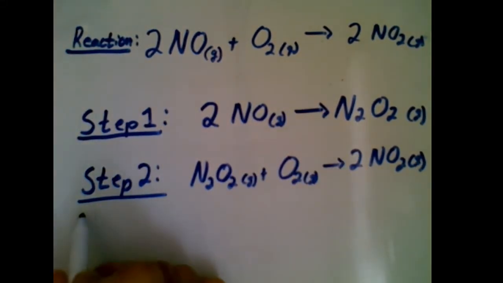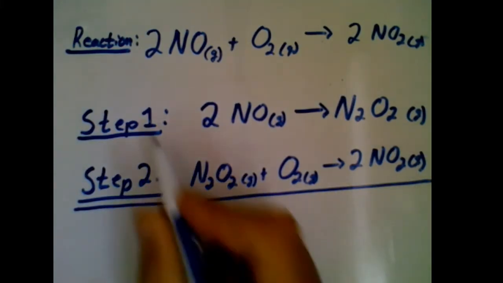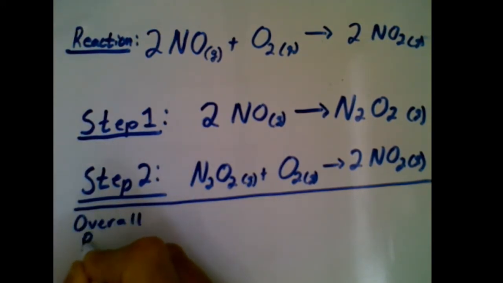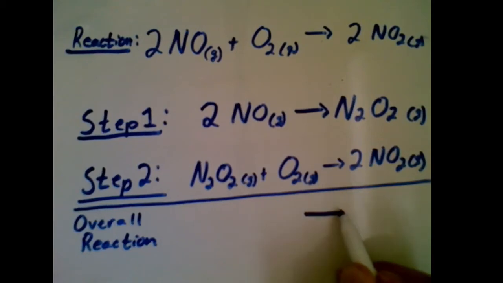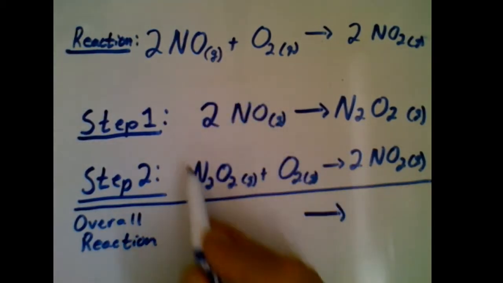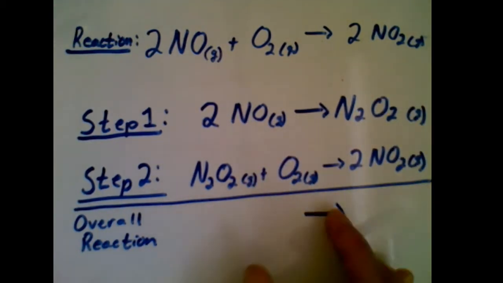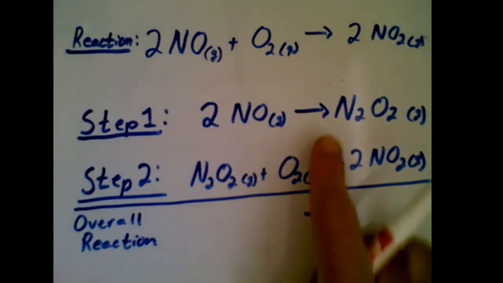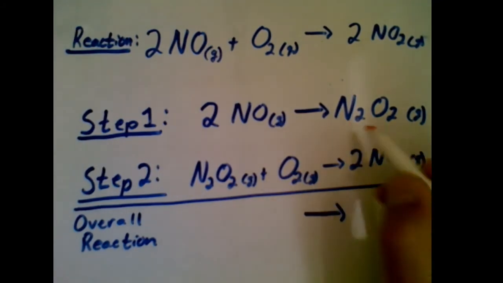Now, one thing I mentioned is that you can actually add up each step to get the overall reaction. And for every reaction mechanism, you should be able to do this. To do this, you just need to take a look at everything that's on the left-hand side and everything that's on the right-hand side and pull them down on the left and right-hand side of the arrows. The only thing is any substance that is both a product and a reactant must be canceled out.